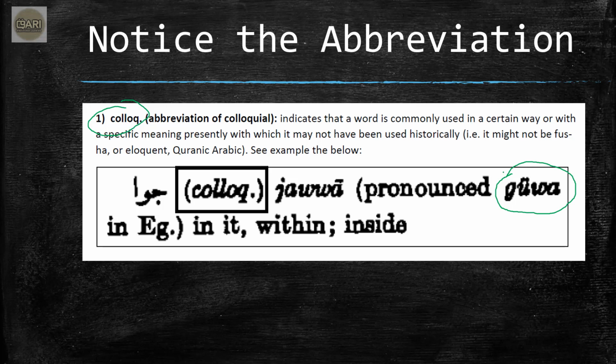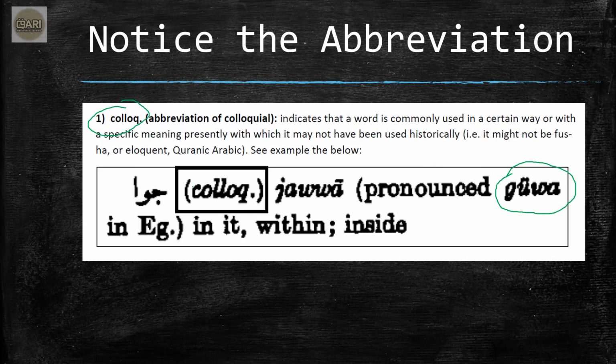For many Egyptians, not all of them, especially those from the city, they pronounce the jim with a ga sound. So they would say goa, as opposed to jawa. They even give you that pronounced goa in Egyptian. That's what that eg means there. Again, because our study of Arabic is not specific to Egyptian Arabic, we don't really need to know that term, although I just explained it.